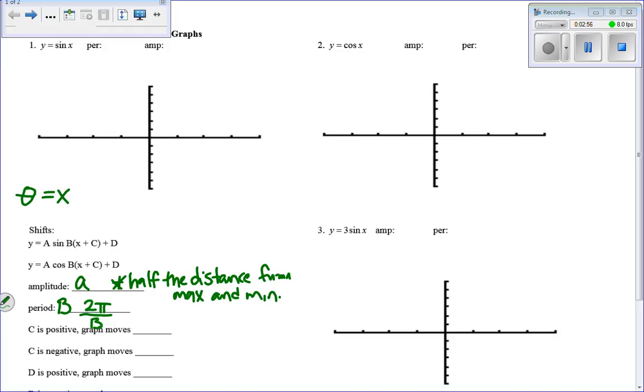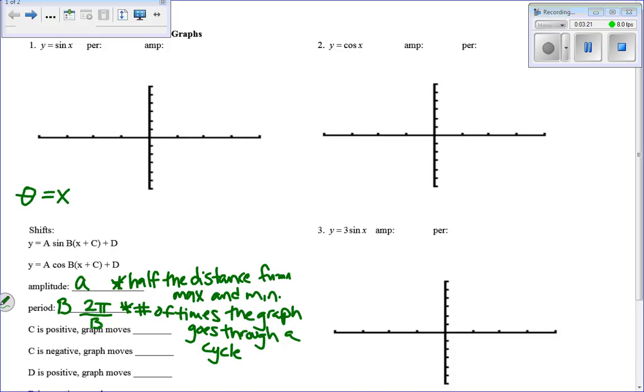And that's the number of times the graph goes through a cycle within one interval.